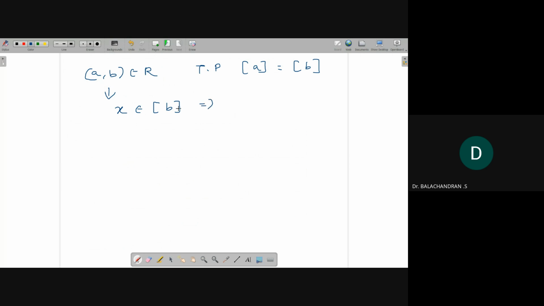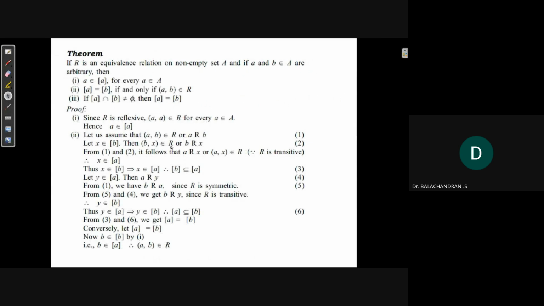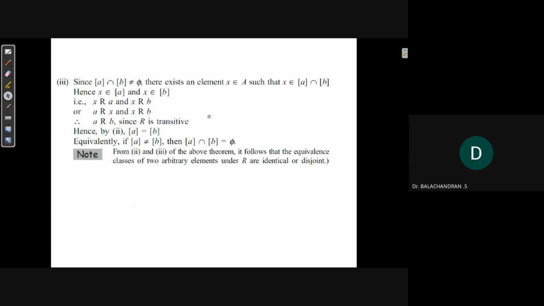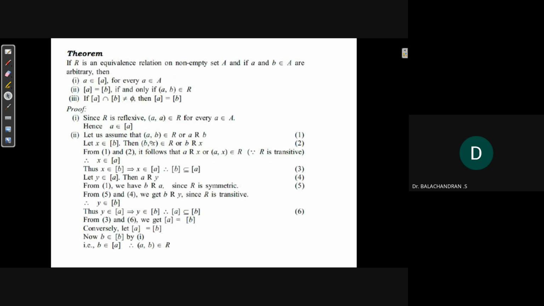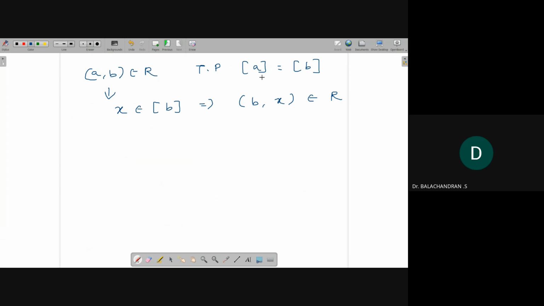So this implies x is in R of B, that is, (B, x) is in R. Now (A, B) is in R and (B, x) is in R, so (A, x) is in R. From 1 and 2, (A, B) is in R and (B, x) is in R, so (A, x) is in R. Using these two and using that R is transitive, we can write: since (A, B) is in R and (B, x) is in R and R is transitive, we have (A, x) is in R.